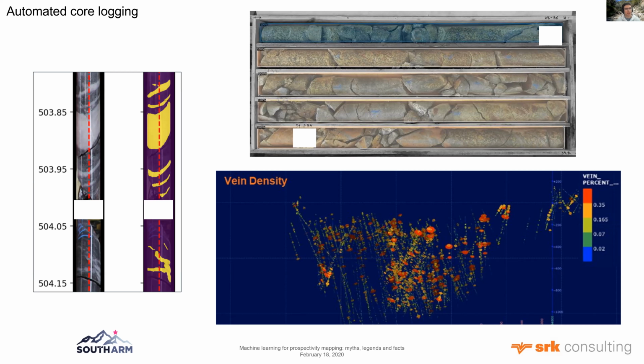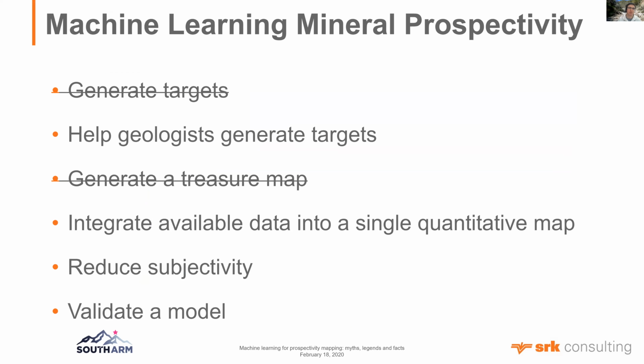So to conclude, does machine learning for mineral prospectivity generate targets? We've seen that it's not the case. It's a tool that helps the geologist generate targets. It's definitely not a treasure map. It's just a tool that helps us integrate the available data into a single quantitative map that helps us target.